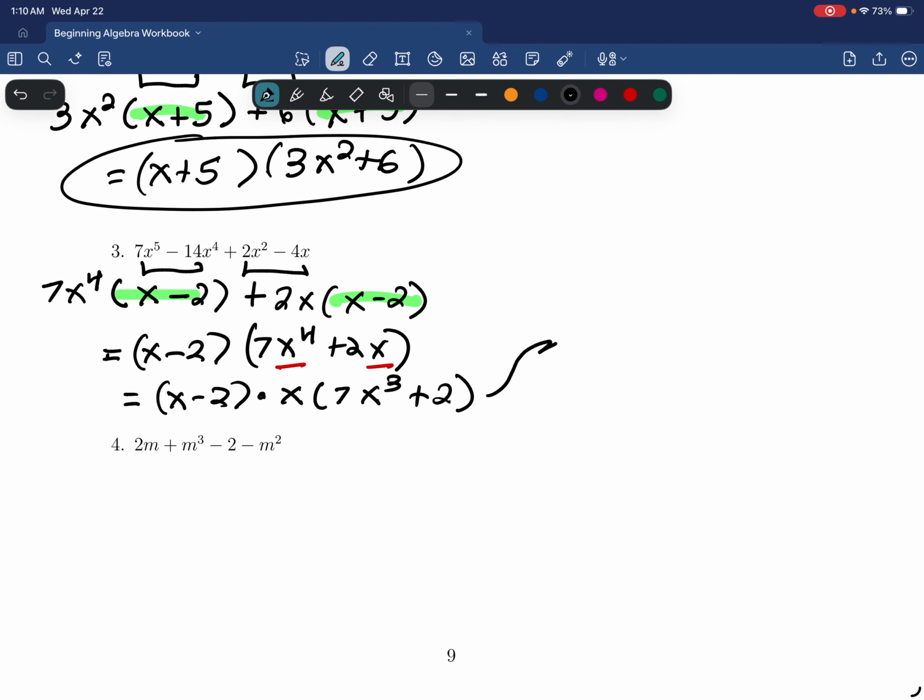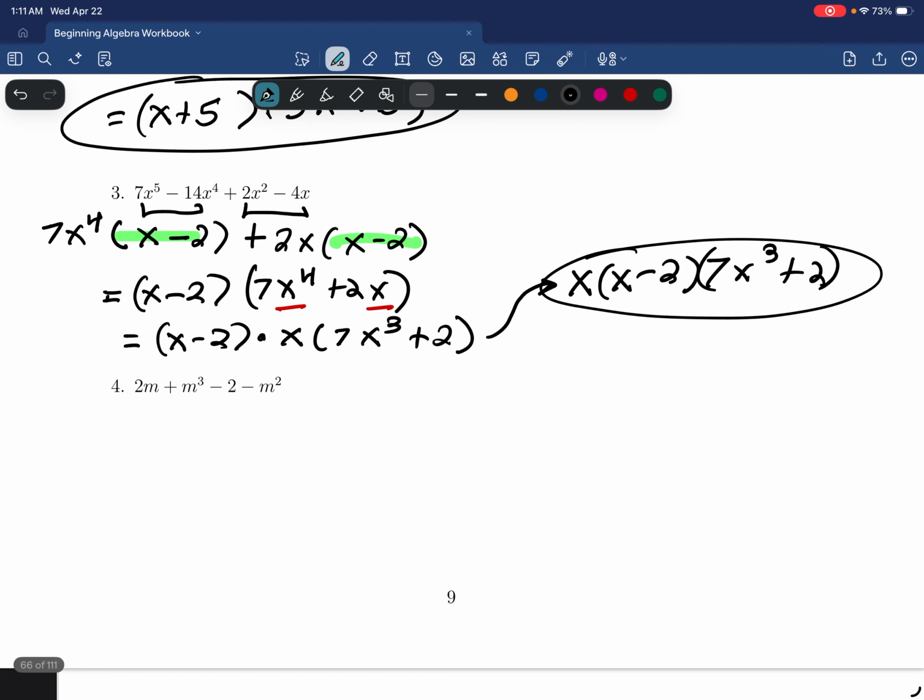And here, I don't really like this x being in the middle, so I'm just going to write this x over here in the front for our final answer. So we're going to have x times x minus 2 times 7x cubed plus 2 as our final answer.